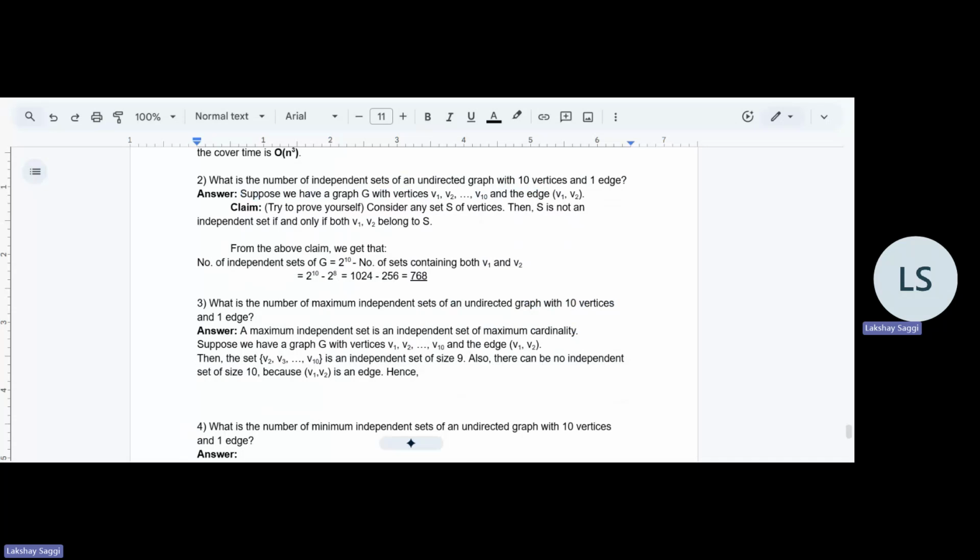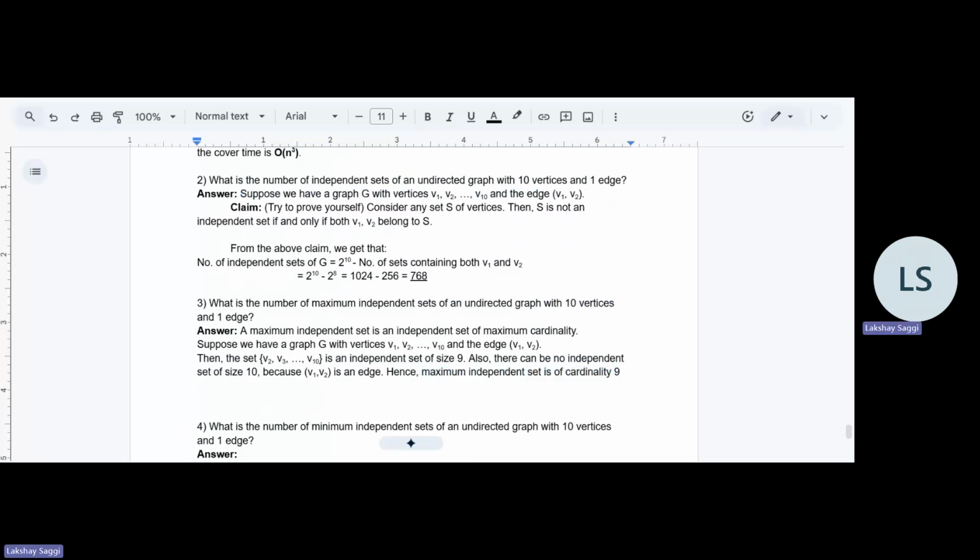Hence, the size of the maximum independent set is of cardinality 9. So this is the first statement.